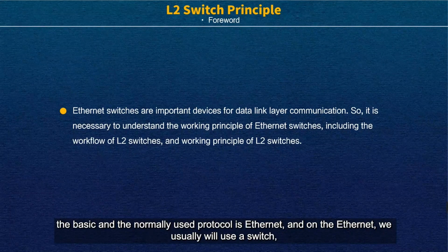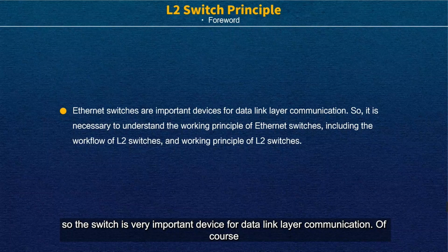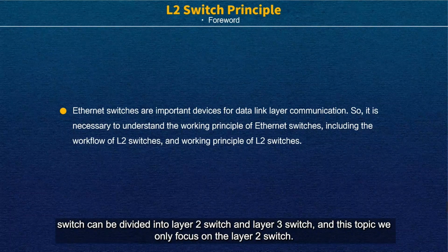In the LAN, the basic and normally used protocol is Ethernet, and on Ethernet we usually use a switch. So the switch is a very important device for data link layer communication. Of course, switches can be divided into layer 2 switch and layer 3 switch, and this topic will only focus on the layer 2 switch.